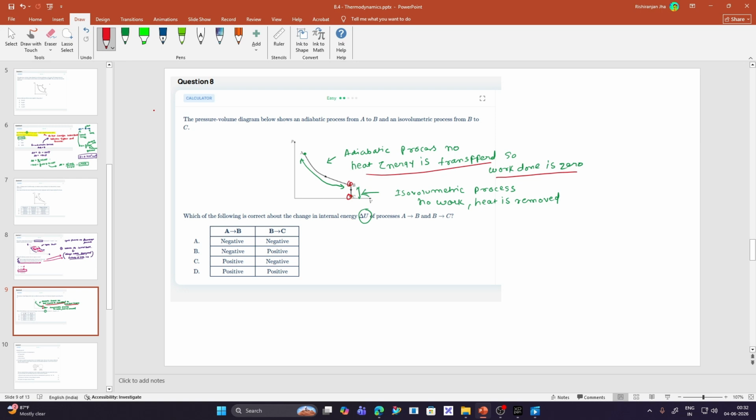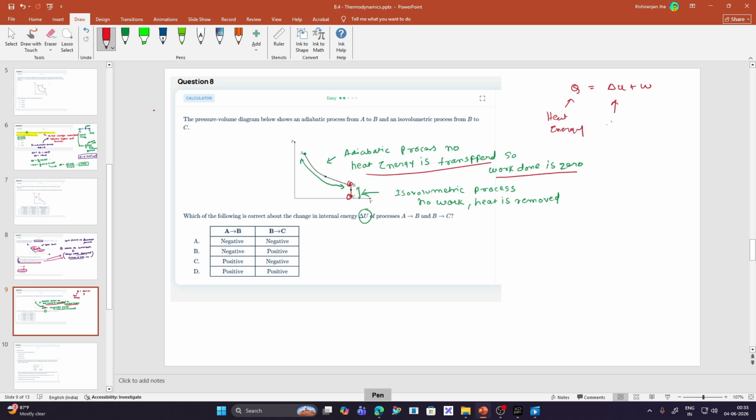So now we have this. So we will use two equations to solve this. We have equation number 1, which says Q is equals to delta U plus W. What is Q? Q is heat energy. And what is delta U?